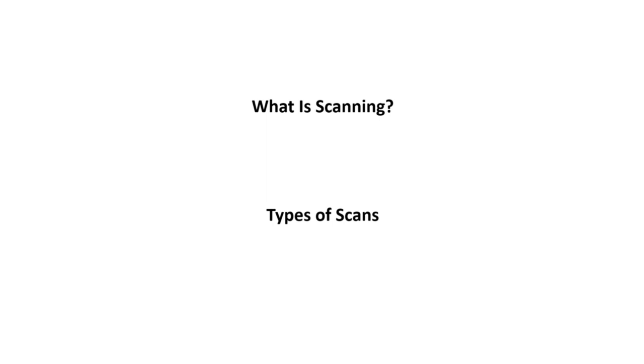To keep things simple, let's break the types of scans into three different categories. First, the port scan, the network scan, and the vulnerability scan. The port scan. Port scanning is the process of sending carefully crafted messages or packets to a target computer with the intent of learning more about it.